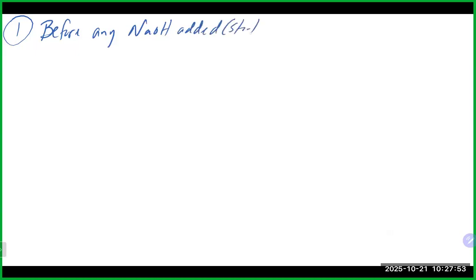So at the very first part, before any sodium hydroxide is added, at the start of the titration, we just think about what we got going on. We basically have our weak acid in the beaker.